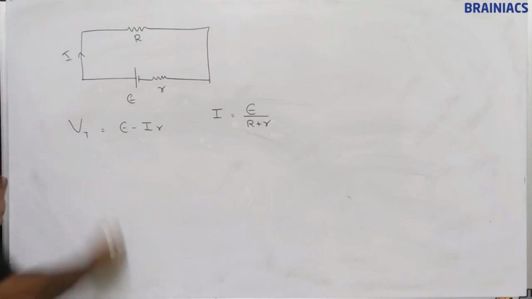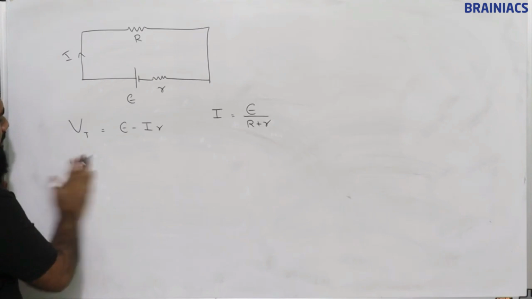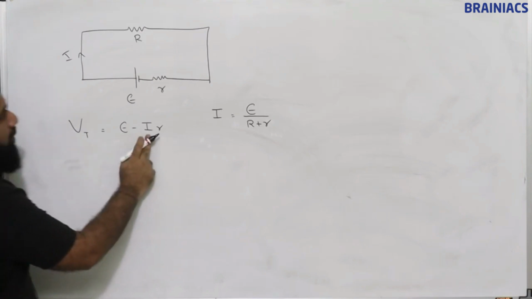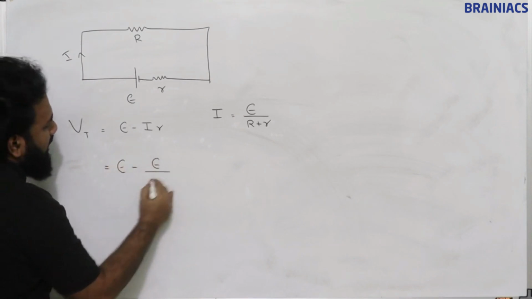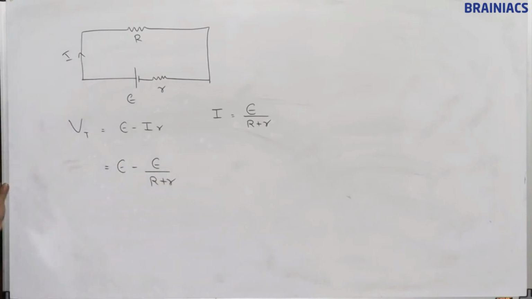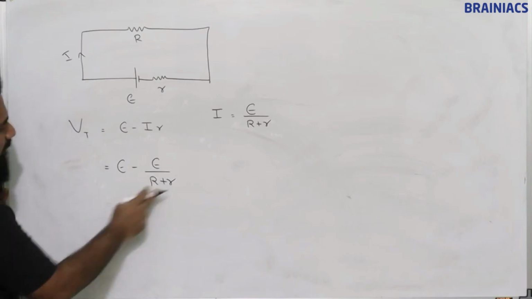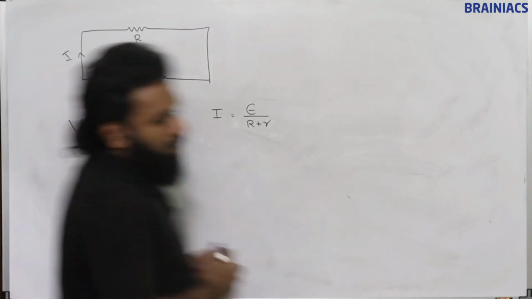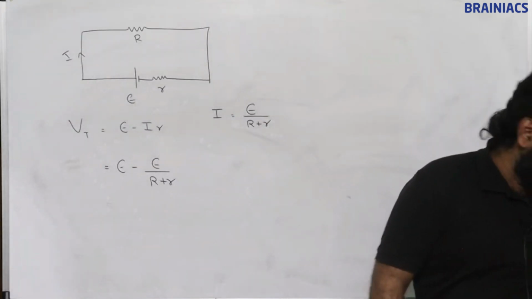So the terminal potential difference is E minus Ir. Can we substitute E by R plus r in place of I? From this we will be able to find the relation for the smaller resistance, the internal resistance r, also.